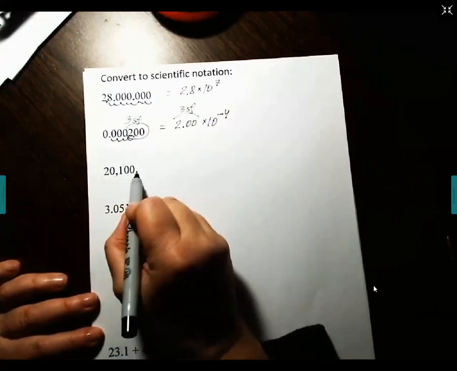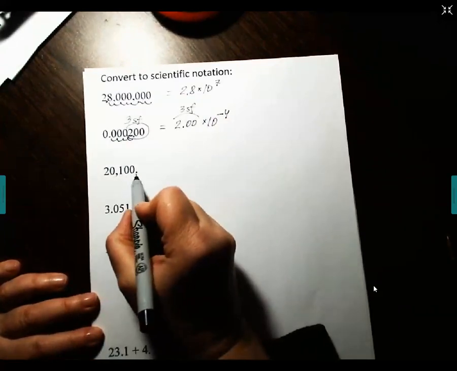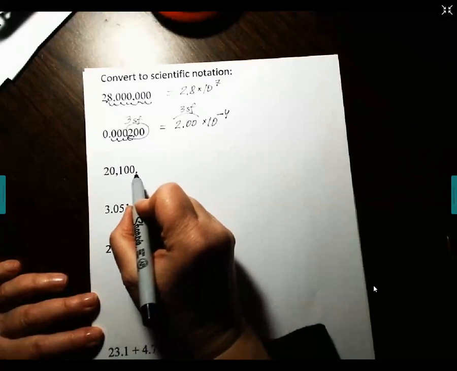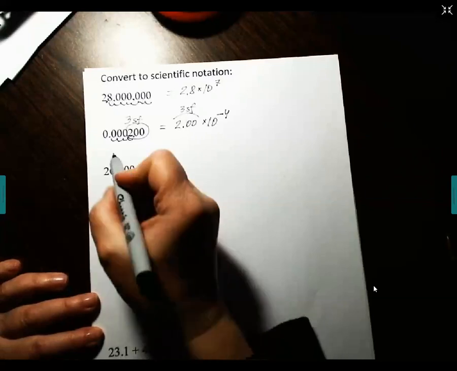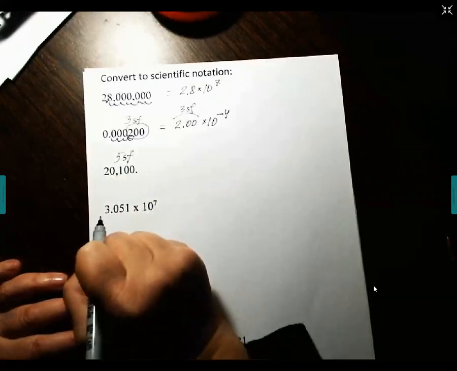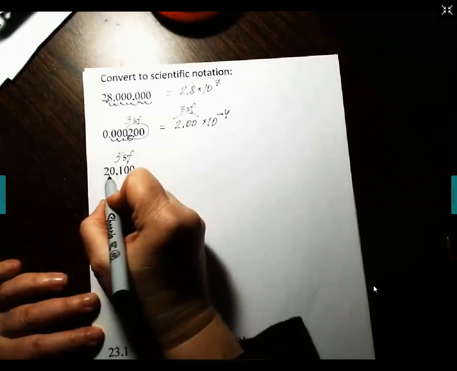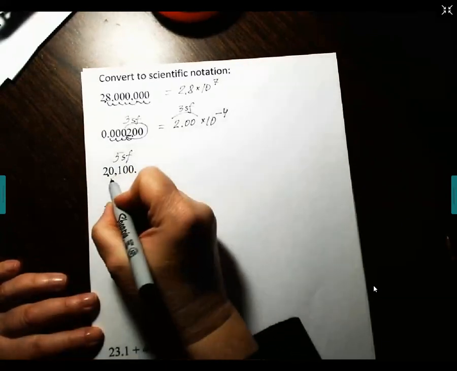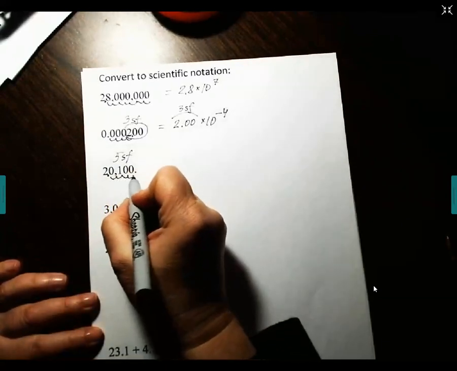This number contains 5 significant figures because we have this point, right? So 5 significant figures. And if we put our decimal point here, we need to add 1, 2, 3, 4.